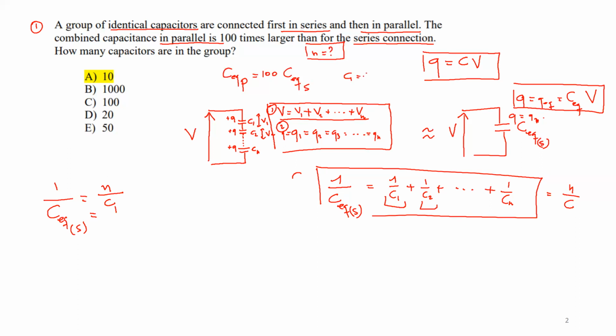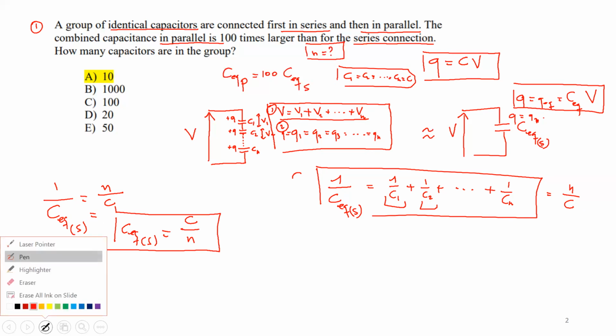Of course, C1 is equal to C2 is equal to C3 is equal to Cn because all of them are equivalent. So my C equivalent in series will be just C divided by n.